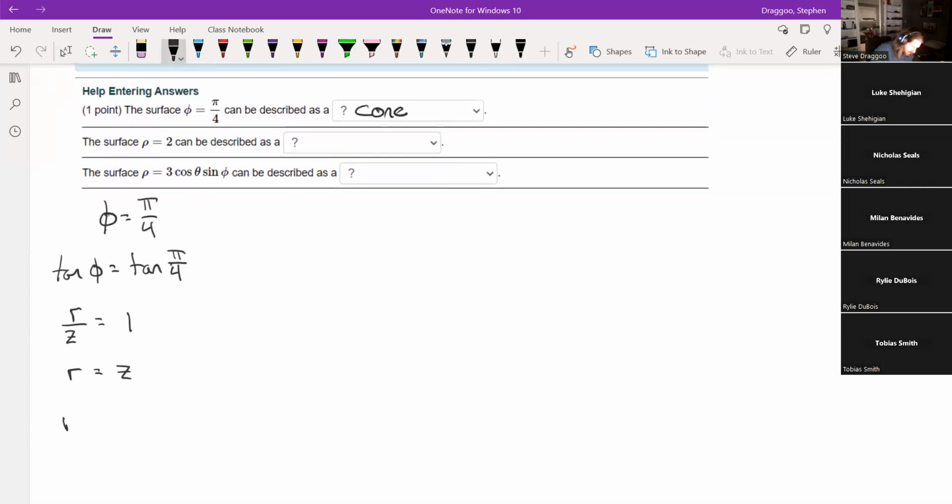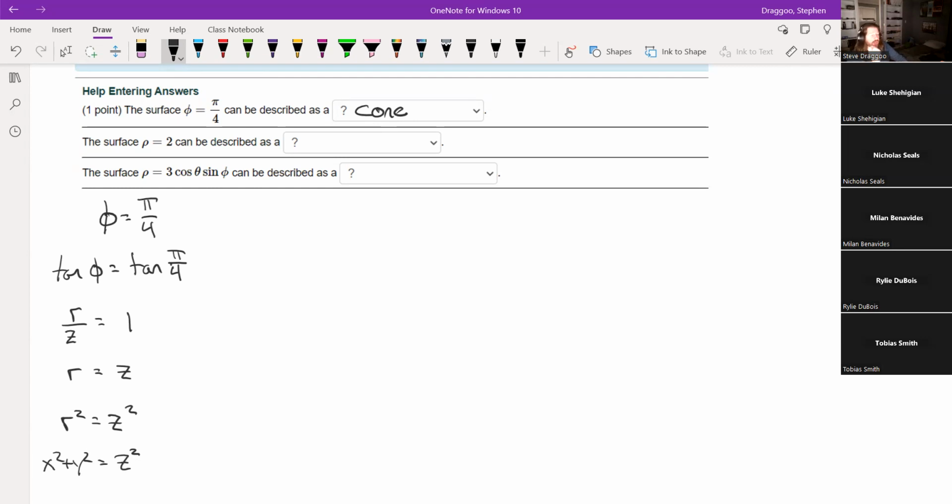Then I could square both sides. r squared is z squared, so x squared plus y squared equals z squared. So if you really like quadratic surfaces, here's that original equation rewritten into rectangular coordinates, and that's the equation of a cone.